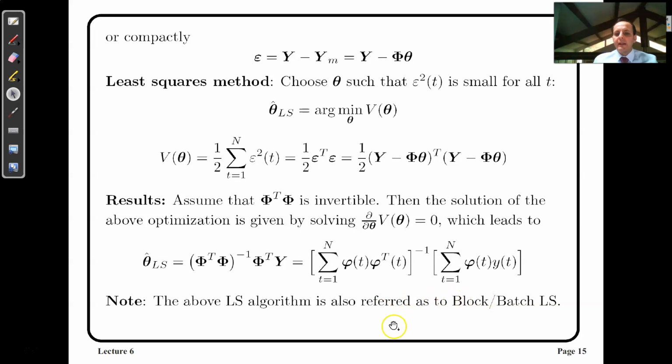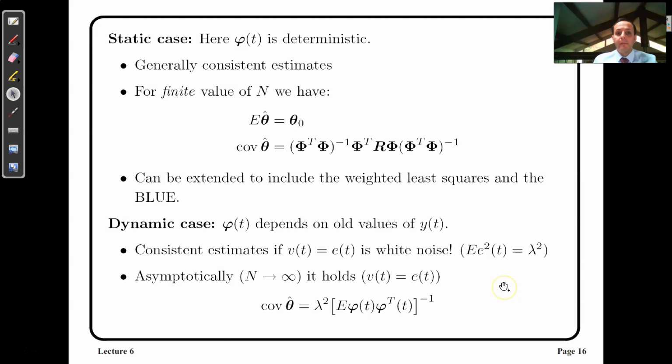And we obtained this algorithm, which is very simple. We saw that the estimate for a final value of the data leads to consistent estimates with an accuracy which depends on the noise affecting the data.